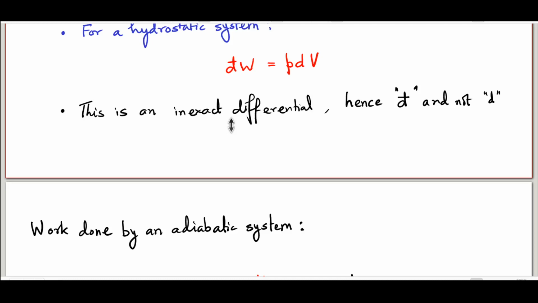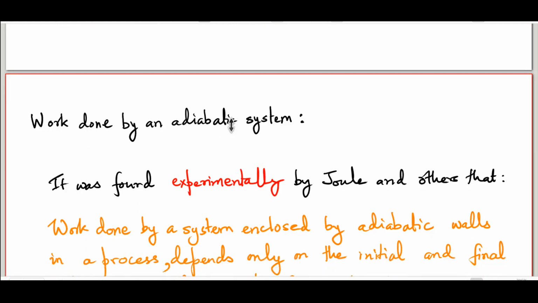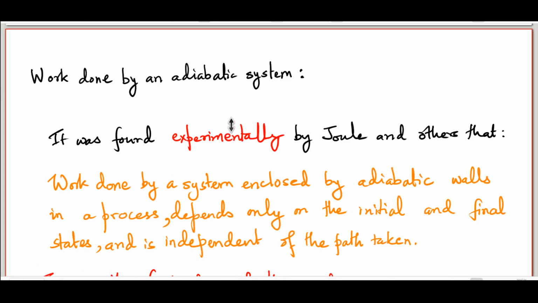And it was established in the mid-19th century by James Prescott Joule and others that if a system is enclosed by adiabatic walls, then the work done in any process carried out on such a system will depend only on the initial and final states and is independent of the particular path taken. So while the work done does depend on the path in general, it was experimentally established that under adiabatic conditions, work done is always path independent.